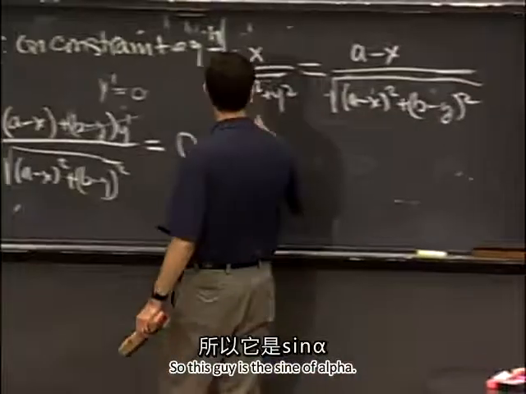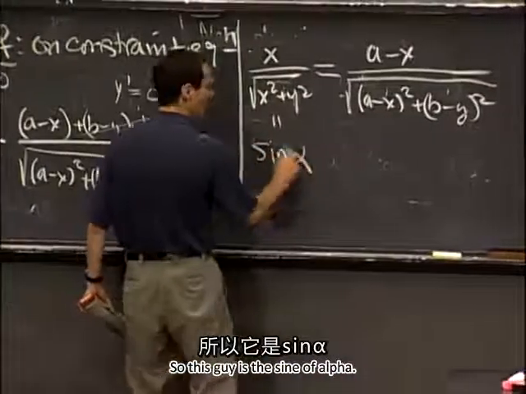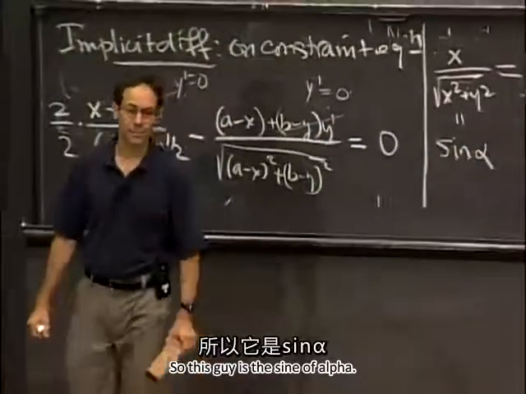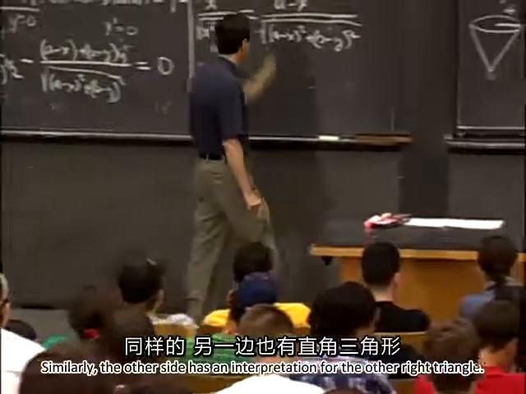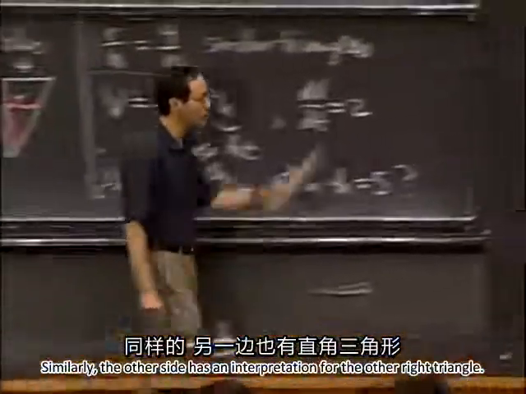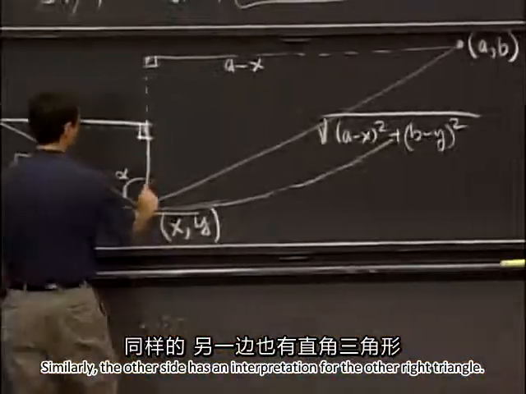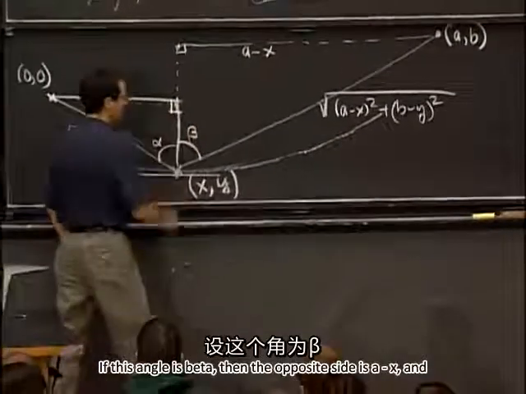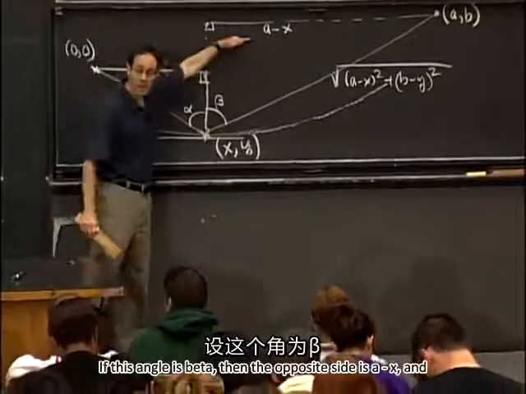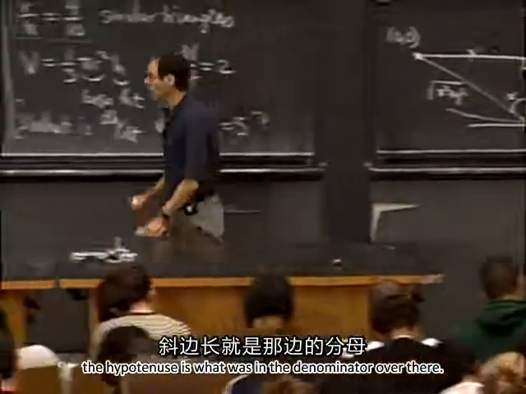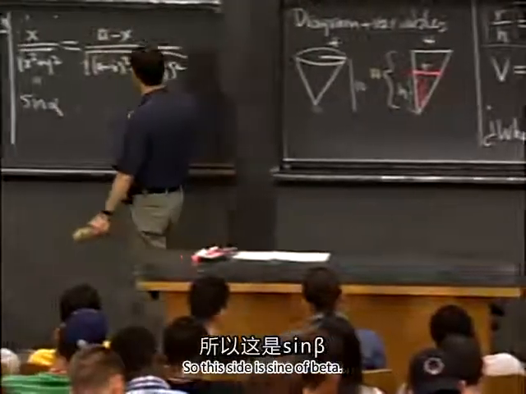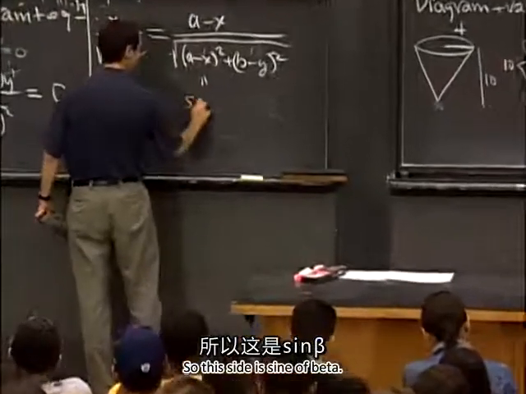So this guy is the sine of alpha. Similarly, the other side has an interpretation for the other right triangle. If this angle is beta, then the opposite side is a minus x, and the hypotenuse is what was in the denominator over there. So this side is the sine of beta.